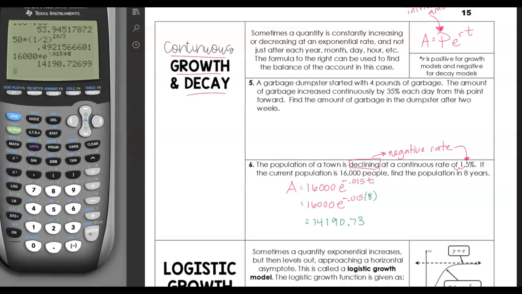However, what is wrong with just circling this answer and moving on? Okay, let me ask you this. Can you have 0.73 of a person? You can't have 0.73.